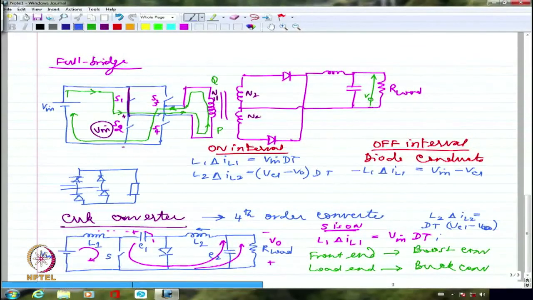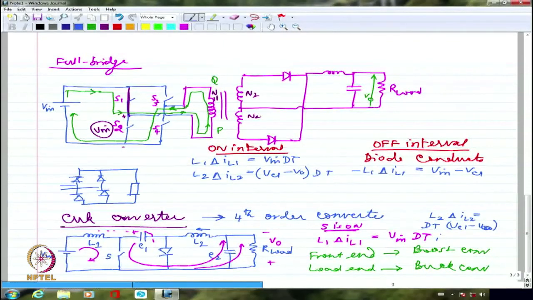If I want, I can write this as minus, because we know for sure that Vc1 has to be greater than V in. It cannot be less. So I can rather remove the negative sign if you want, and then I can write Vc1 minus V in. Either way is fine. Right? So this is corresponding to inductance 1's current. So inductance 1 is connected between V in and capacitor.